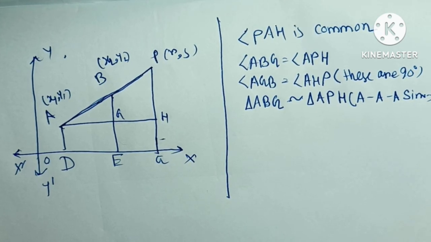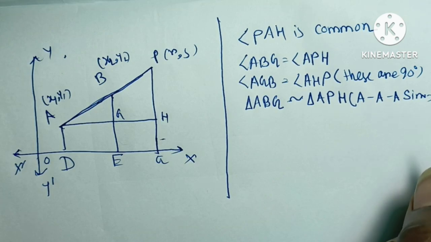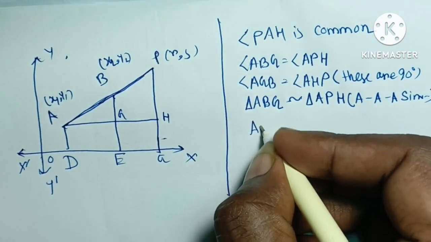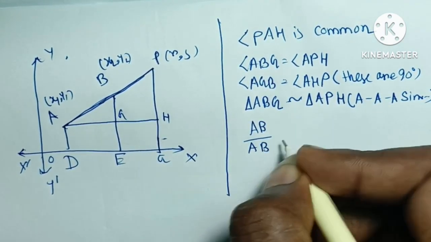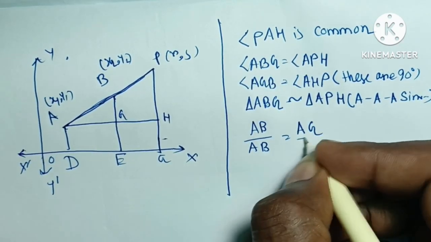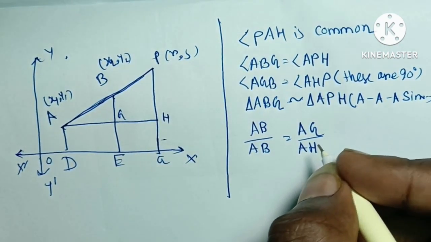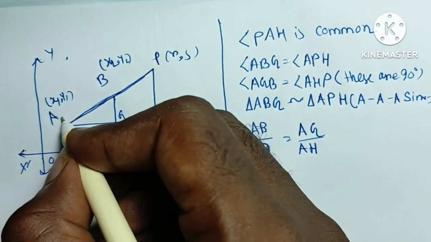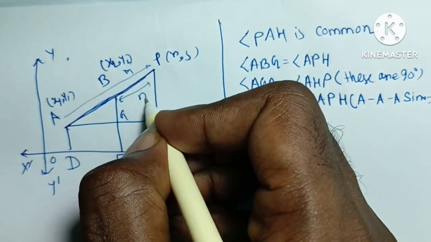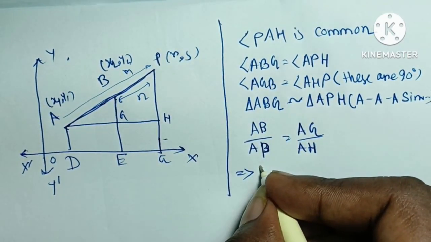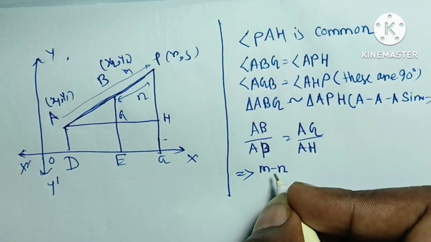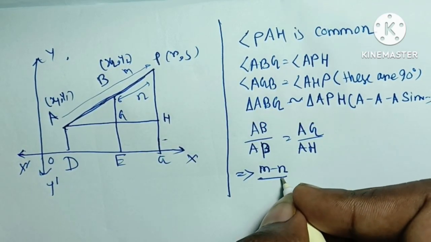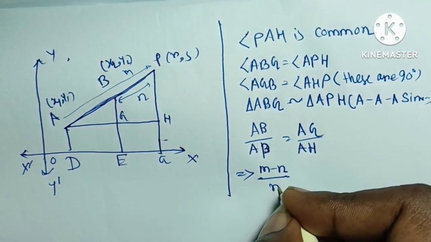Now we know the corresponding sides of similar triangles are in proportion. So AB by AP equals AG by AH. Now AP is m, BP is n, so AB is m minus n, and AP is m.